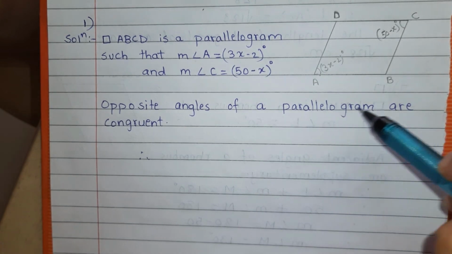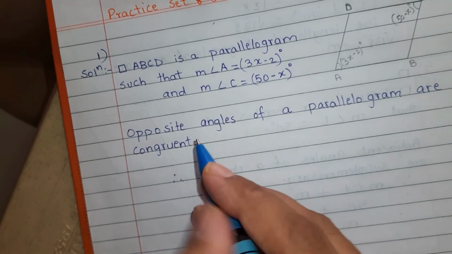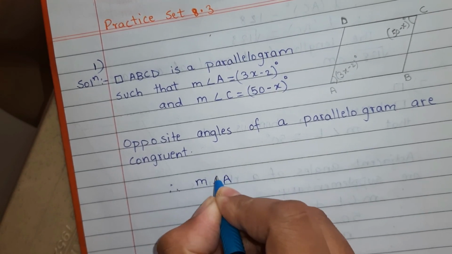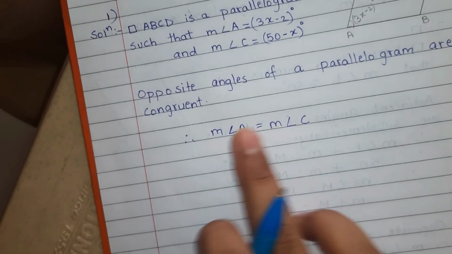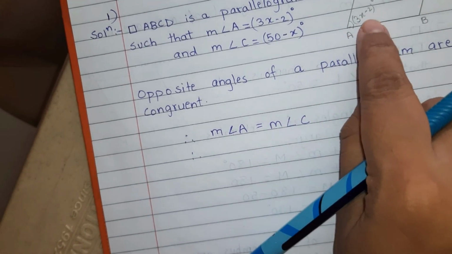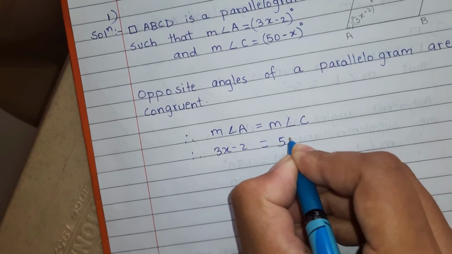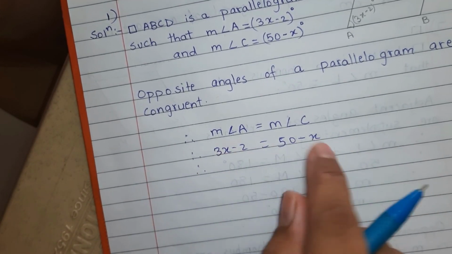It is given in the question. Now opposite angles of a parallelogram are congruent, therefore measure of angle A will be equal to measure of angle C. Opposite angles are equal. Therefore 3x minus 2 equals 50 minus x. Now variables on one side.